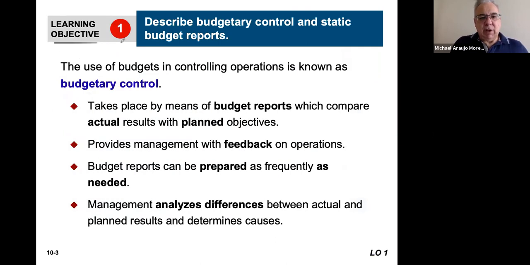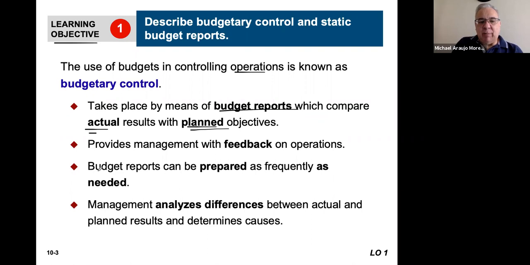Okay. So again, using budgets to help control our operations is what's known as budgetary control. We use a whole bunch of budget reports to compare what we had planned to happen to what actually happened. And that provides us with a lot of feedback on how things are going, in essence.